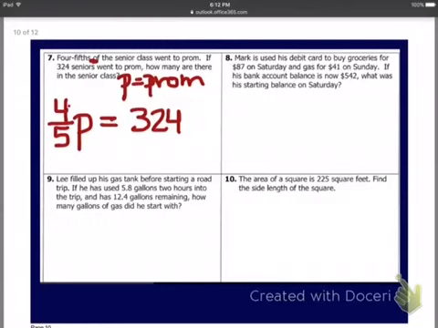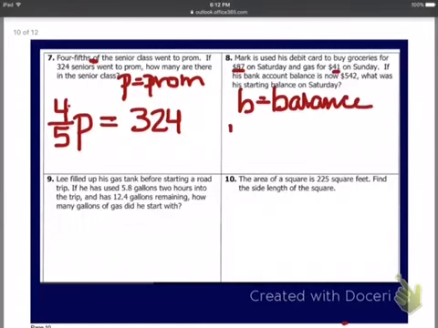Let's look at number 8. Mark has used his debit card to buy groceries for $87 on Saturday and gas for $41 on Sunday. If his bank account balance is now $542, what was his starting balance on Saturday? So this one's a little cranky because I know that he started out with some amount of money, but both of those things came out of that. So let's use B for balance.